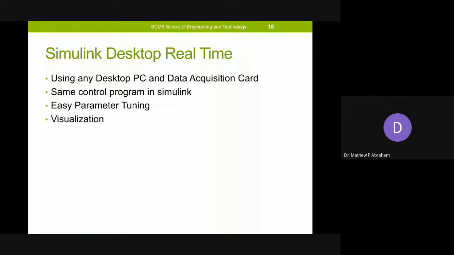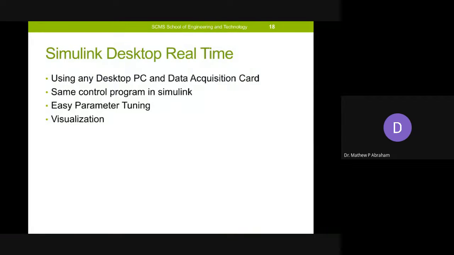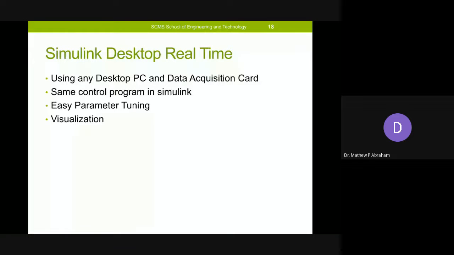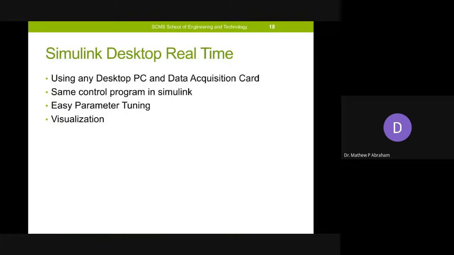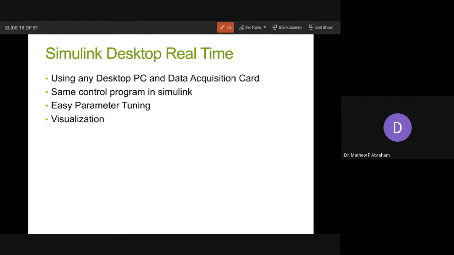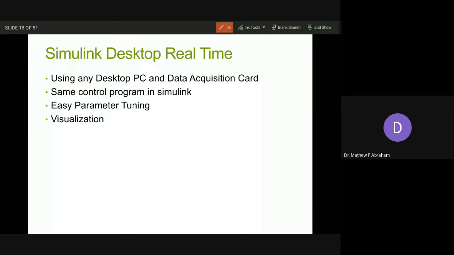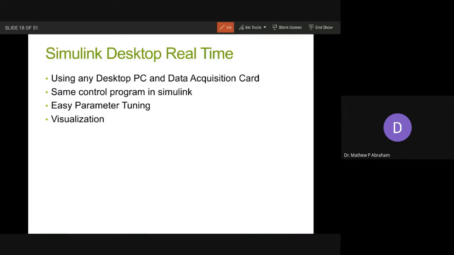So let us see how all these control algorithms are generated in the Simulink desktop real-time mode. As we already discussed, it is based on a desktop PC along with a data acquisition card.